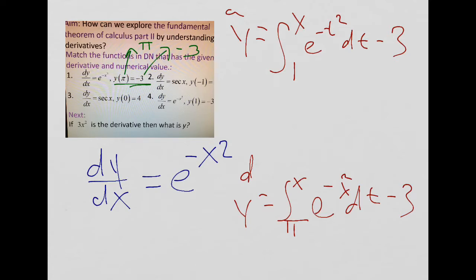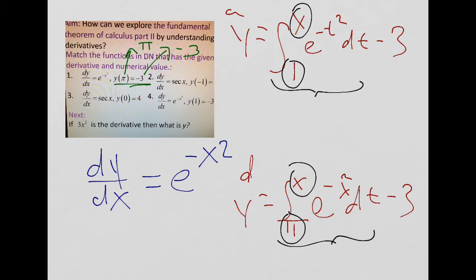So if you remember from our slide that I asked you guys to copy, it's a property: if this value of x gets replaced, and it's the same as your lower limit of integration, then this whole thing would be 0, which is a good thing because then 0 minus 3 would be negative 3.